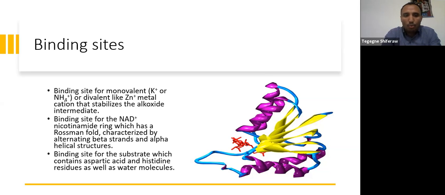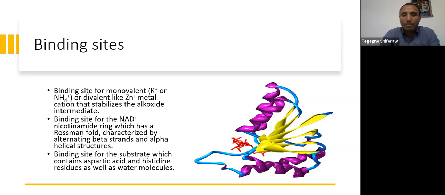And the second one is for the nicotinamide ring. This one has a special Rossmann fold, shown in the picture here. It has alternating beta strands and alpha helices, and the binding site for this nicotinamide ring is known for its unique fold.